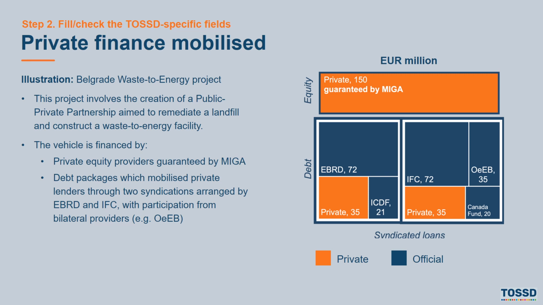The vehicle is financed by private equity providers guaranteed by the Multilateral Investment Guarantee Agency, MIGA, and debt packages which mobilized private lenders through two syndications arranged by the European Bank for Reconstruction and Development, EBRD, and the International Finance Corporation, IFC, with participation from bilateral providers, for example, the Development Bank of Austria.